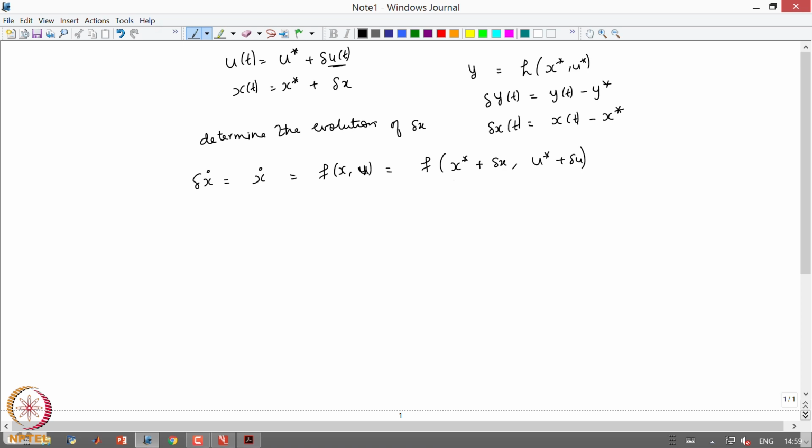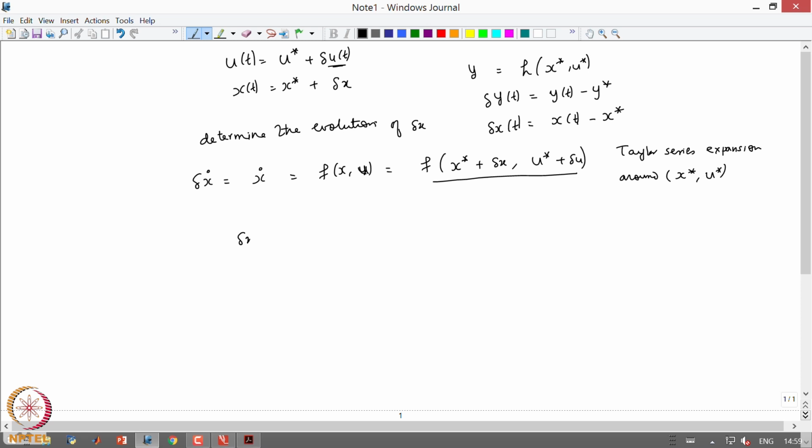Okay. Now, I can do a Taylor series expansion for this around x star and u star.